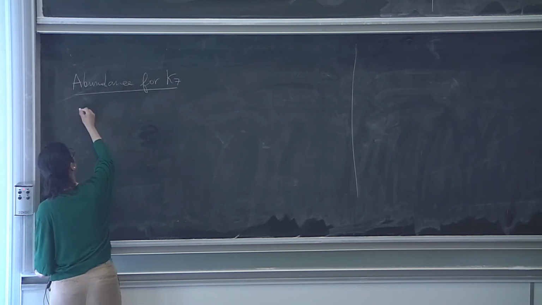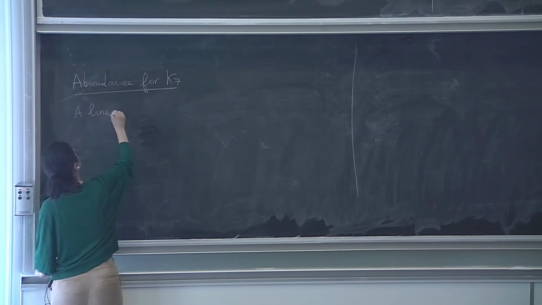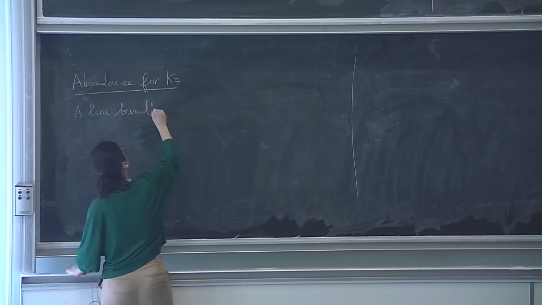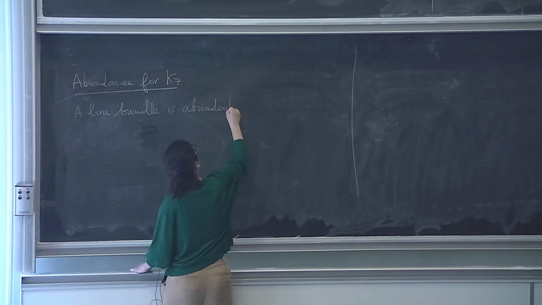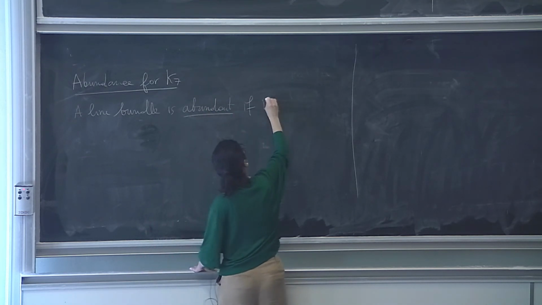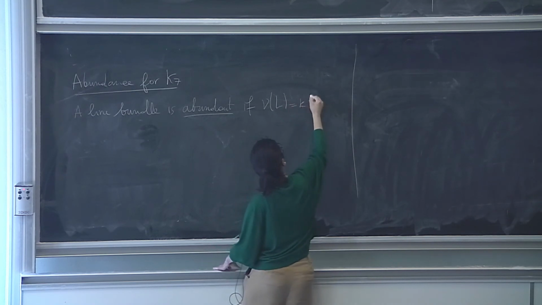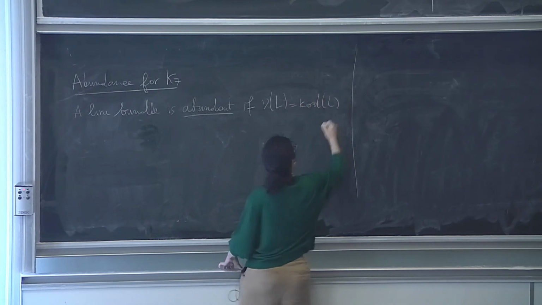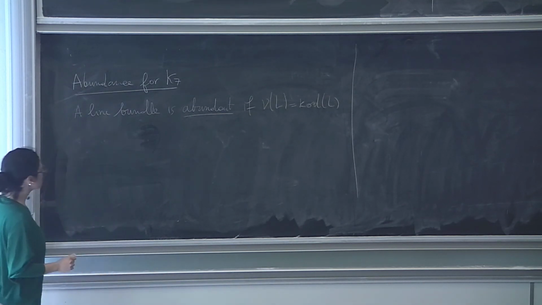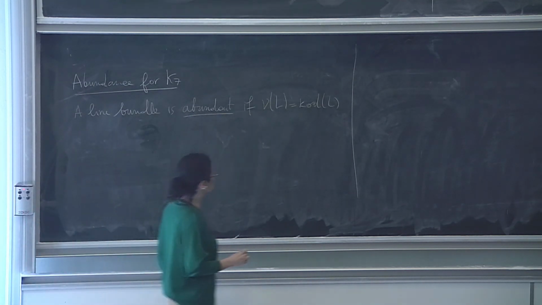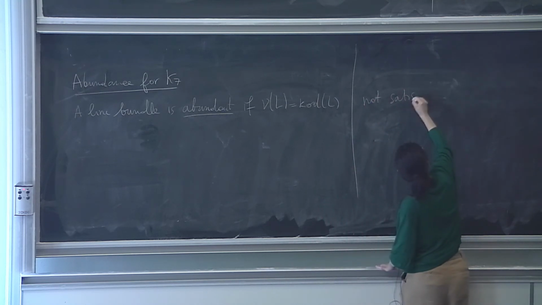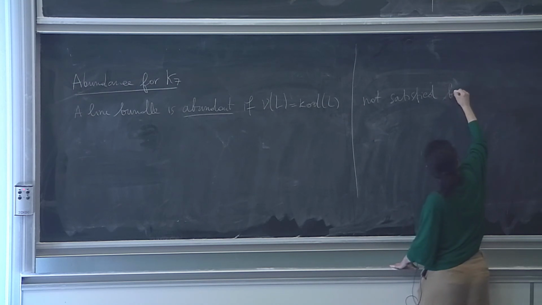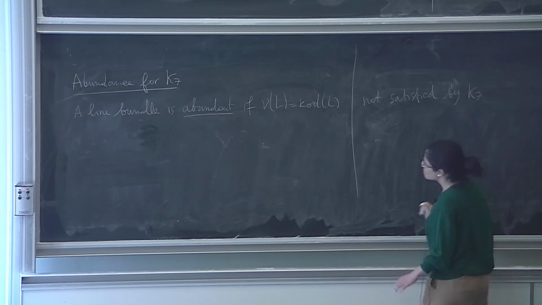The first one: any line bundle is said to be abundant if it reaches the equality in the inequality I wrote at the beginning. And we've seen that this is not satisfied by the canonical bundles of a foliation.